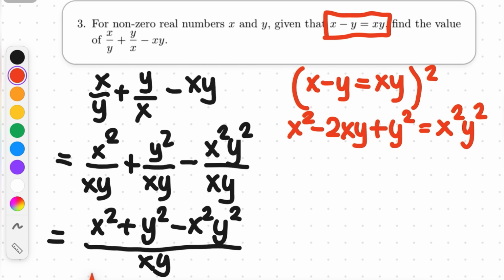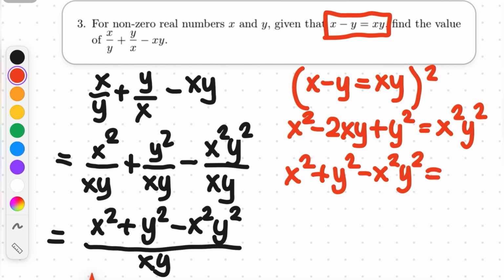And you notice if we simply move things around here, we can see that x squared plus y squared minus x squared y squared is equal to 2xy, right?